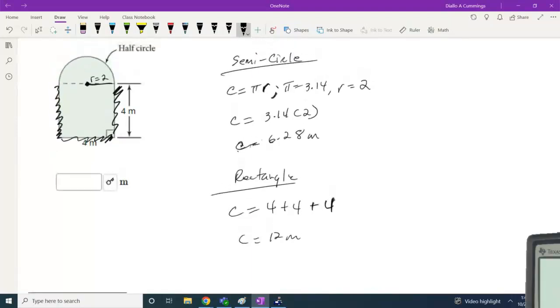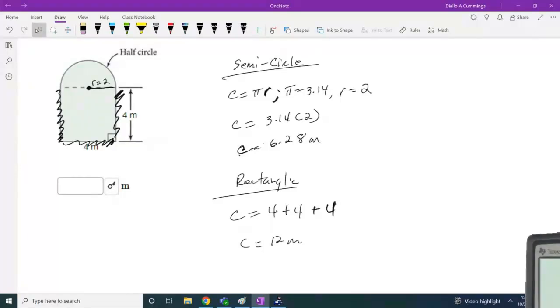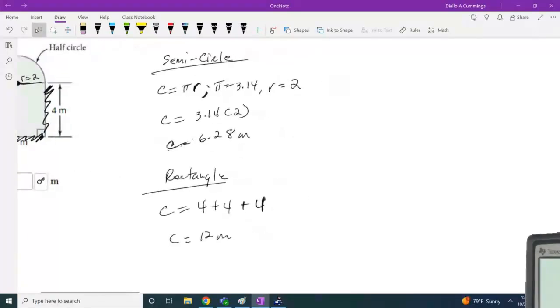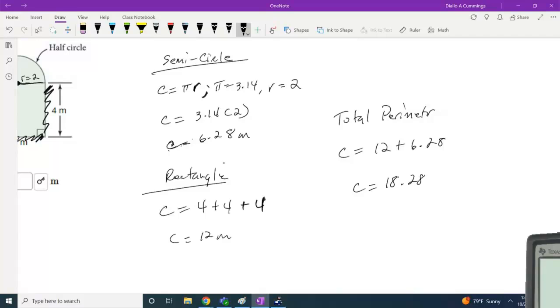So now in order to find the total perimeter, I'm just going to add the 2. So the total perimeter is equal to 12 plus 6.28, which is 18.28, which is 18.3 meters.